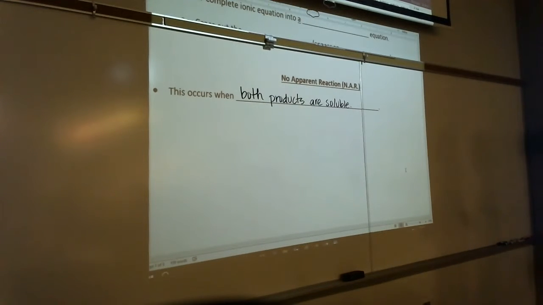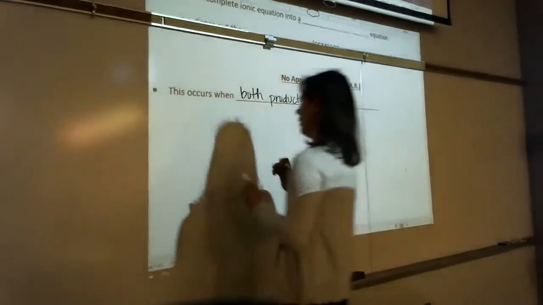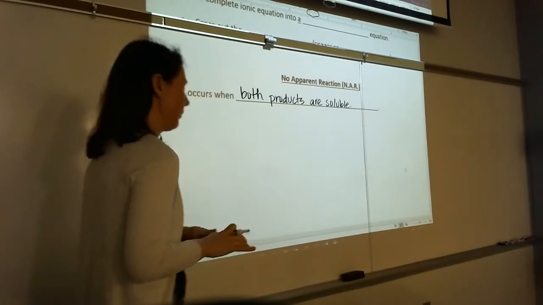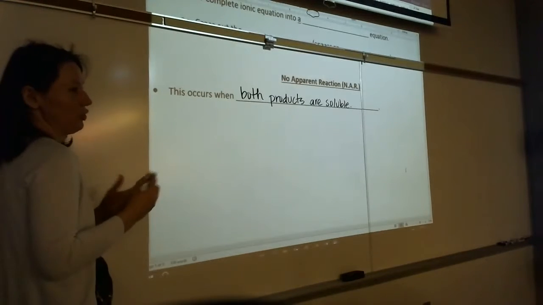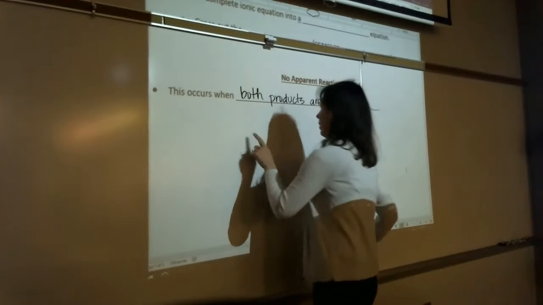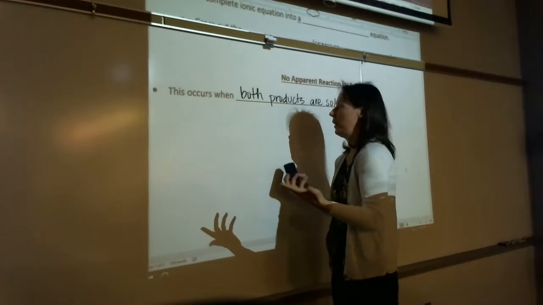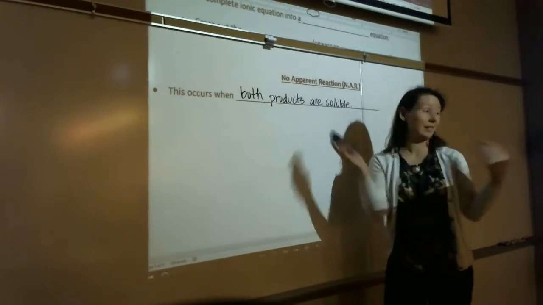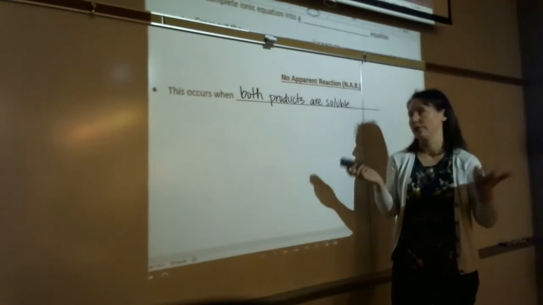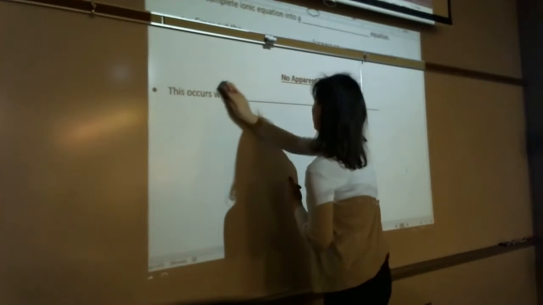Both products are soluble. All right, so what happens here is, I'll show you some examples of NAR. I'm not going to make one up on the spot. We'll just do some examples. And if this occurs, I'll show you what to do. But in other words, everything's going to be a spectator. So there's no actual chemistry happening. You're just making a solution.